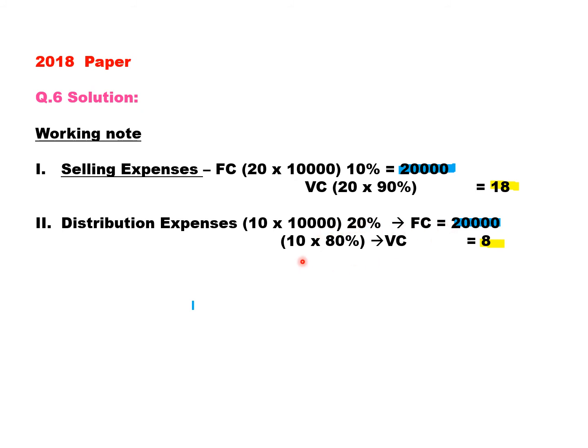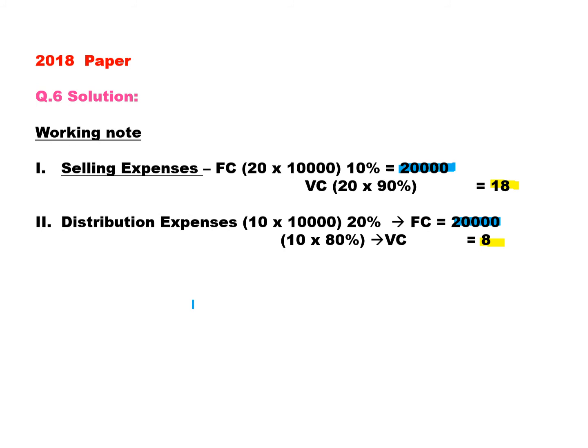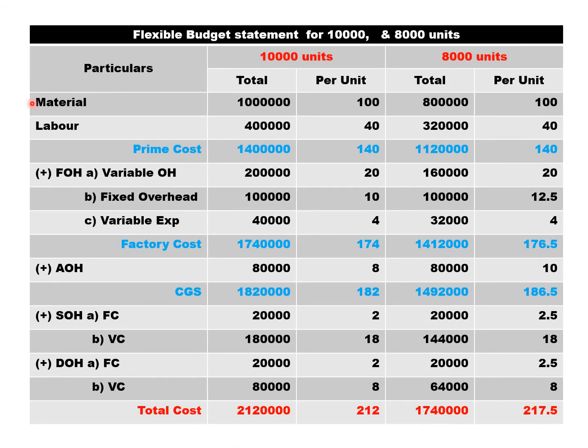Then variable cost 10 rupee into 80% is equal to 8 rupee. So students, all yellow highlighted consist of variable cost per unit. In case of variable, you should consider the per unit. All green highlighted is a fixed cost, which you should consider as total.